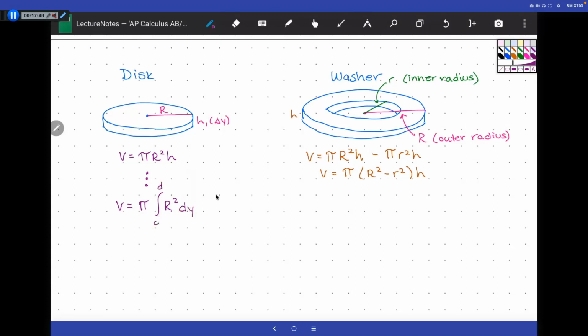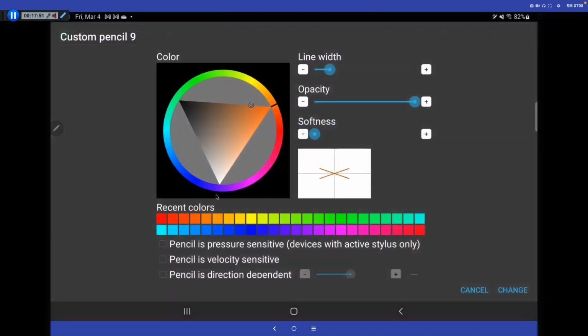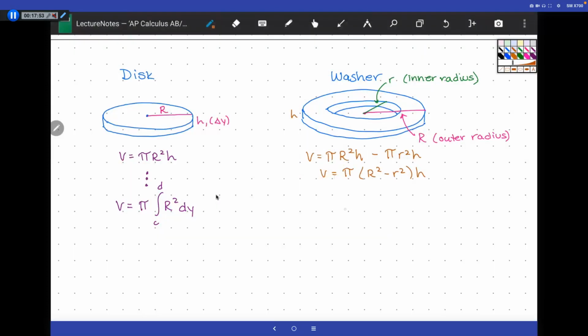And then similarly for the washer, the volume is pi times the integral of the outer radius squared minus the inner radius squared. And again, it can be a dx or a dy problem. The way I've drawn it horizontally like this, it's a dy. So we have this.